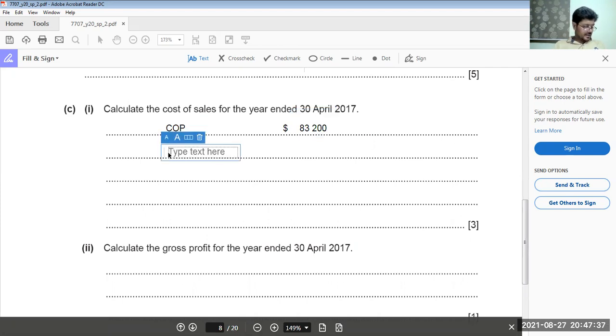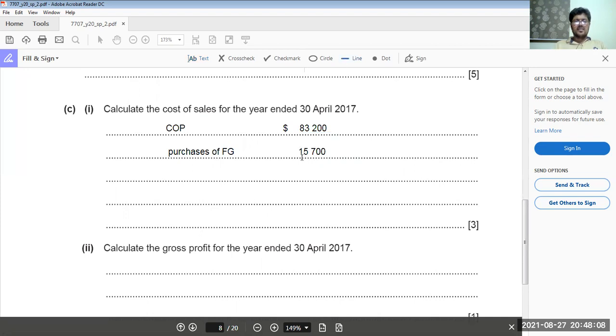Okay, what has she done? She has also purchased finished goods. Purchased goods, how much? 2,700.